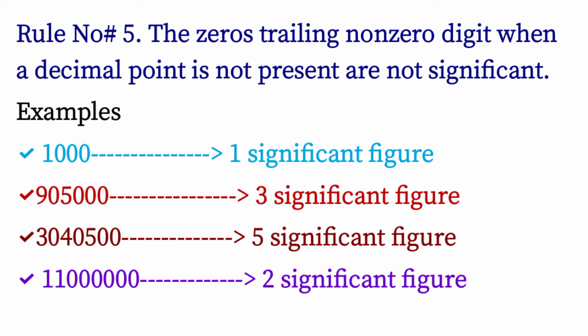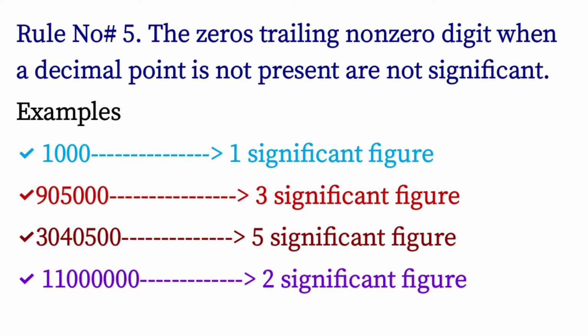What it means is that the zeros that are in front of a non-zero digit, as long as there is no decimal point, these zeros are not significant. Therefore, 1000 has got 1 significant figure. And I've got also 900, 5000. How many significant figures does it have now?